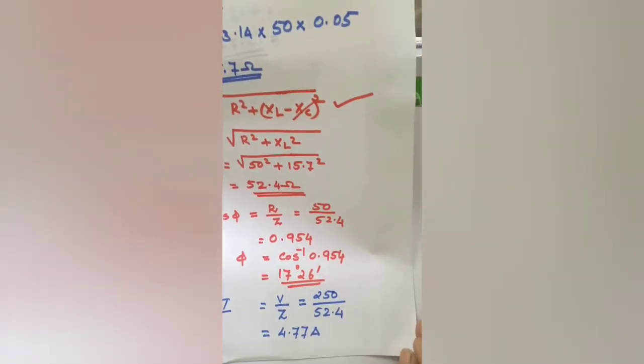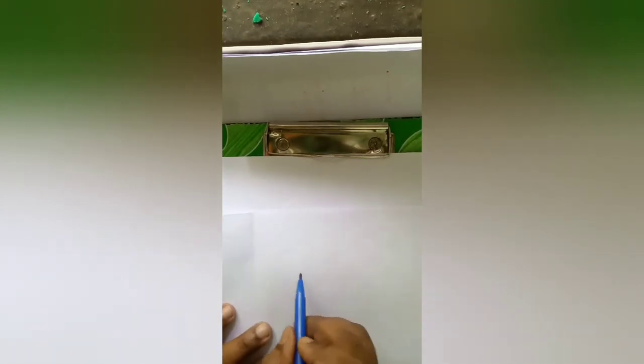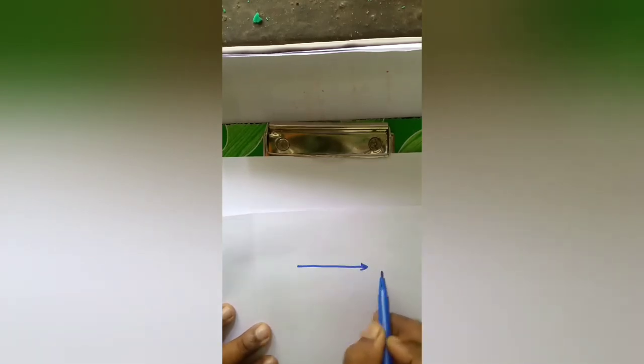The vector diagram contains two values, voltage and current. Here the given voltage is equal to 250 volt.